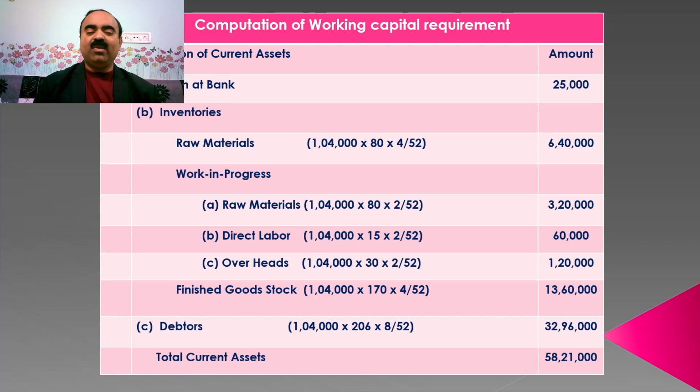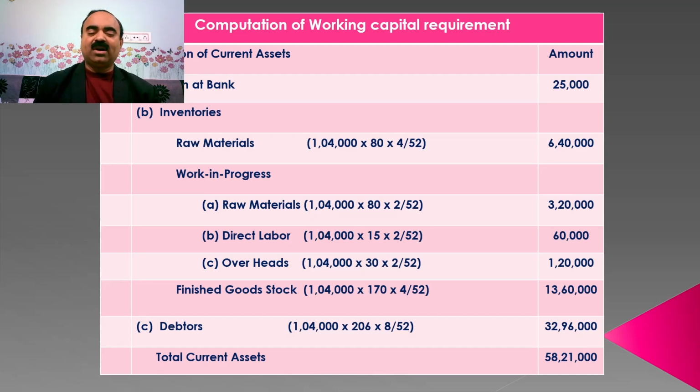Similarly, overheads amount was calculated by multiplying 1,04,000 with 50% of overhead per unit cost 30 rupees and stock time 2 by 52. Finally, we got an amount of 1,20,000.